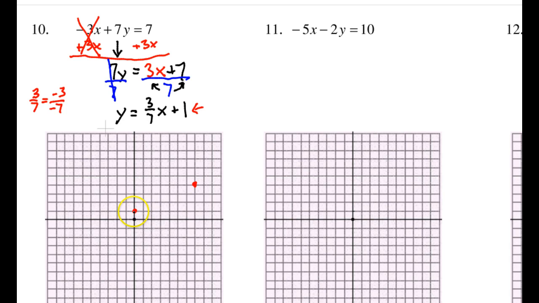So we can go back to where we started, positive 1, go down 3, and then left 7. 1, 2, 3, then 1, 2, 3, 4, 5, 6, 7, and make sure the line you draw goes through all 3 points. There we go.